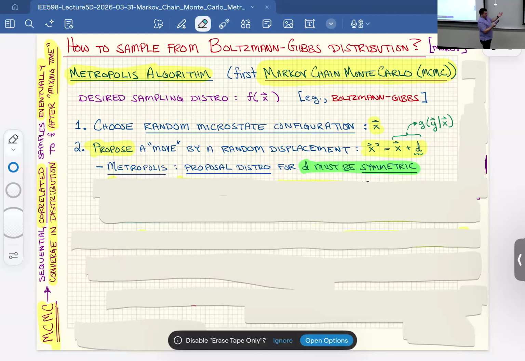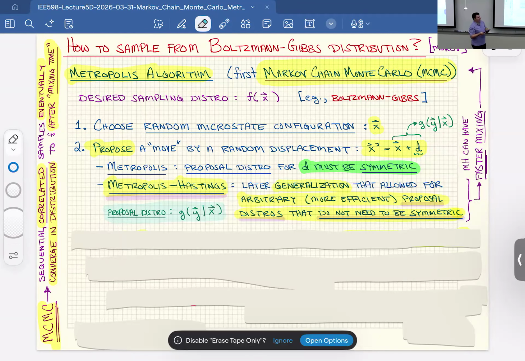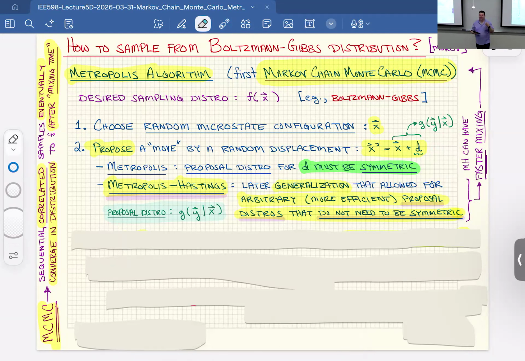So in Metropolis, D must be symmetric, but later, I think in the 70s or something, Hastings came around and adjusted the Metropolis algorithm in a couple of minor but important ways that allowed for this proposal distribution to be anything, asymmetric as well.